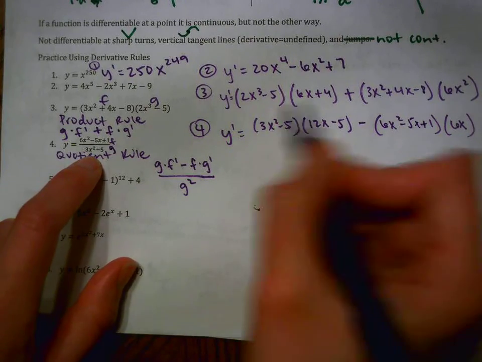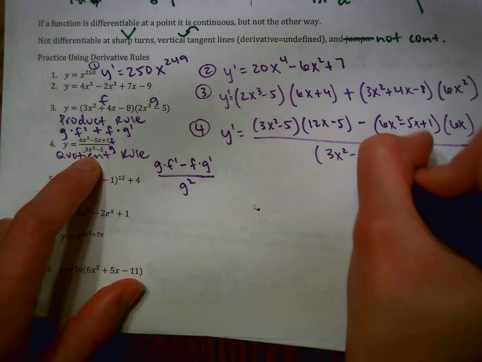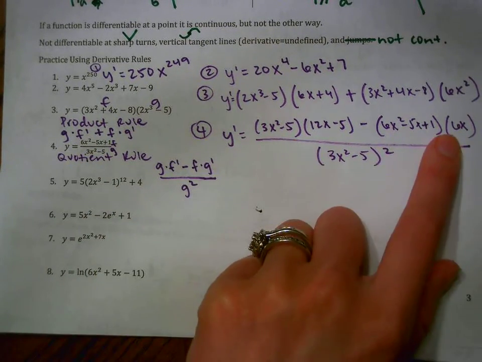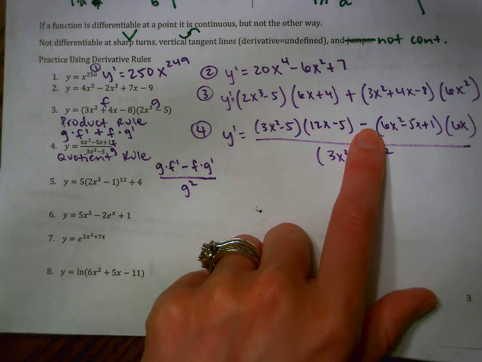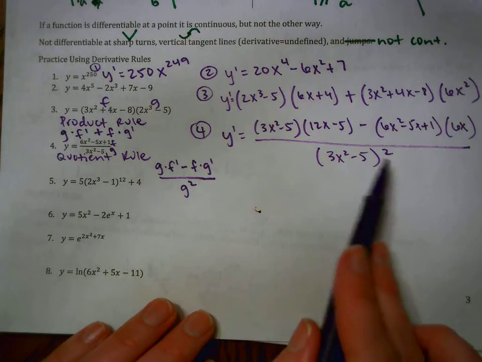That's it. I thought there was going to be more. All over the original bottom, in parentheses, squared. And again, you could multiply, FOIL this, distribute this, subtract, make sure you distribute that minus sign if you're going to simplify it, and leave it. I would not try to divide this out or anything.